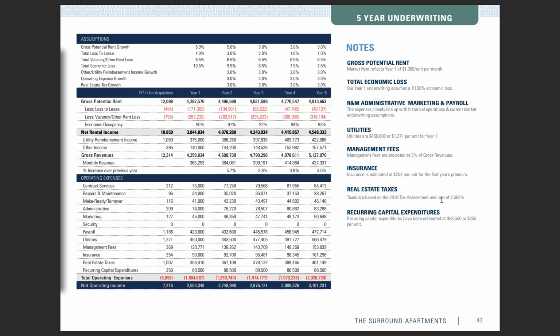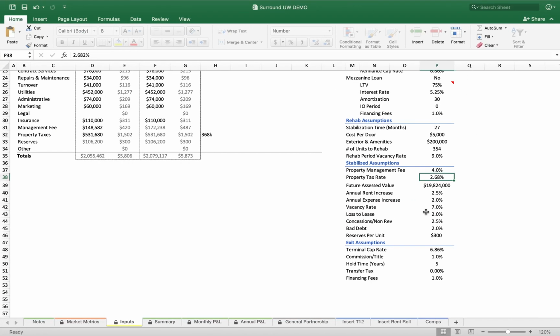Taxes are based on the 2018 tax assessment and a rate of 2.682. And we have 2.682. I won't get into how you assess the future assessed value, but this is very important. We just have standard formulas here. As long as you're seeing a modest bump from the T12 to what we're going to be paying in taxes, it's a good place to start.